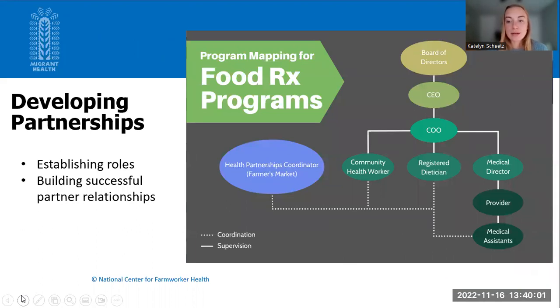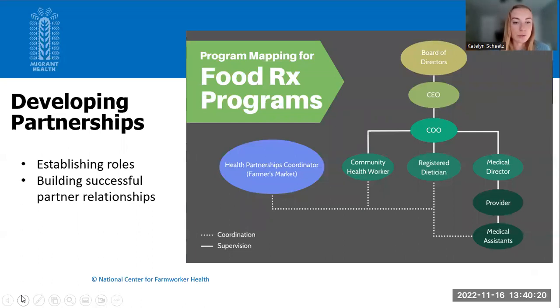So when you've identified your partners, you'll want to take a few key steps to develop a healthy partner relationship. These steps include establishing clear roles and building trust and communication between partners.